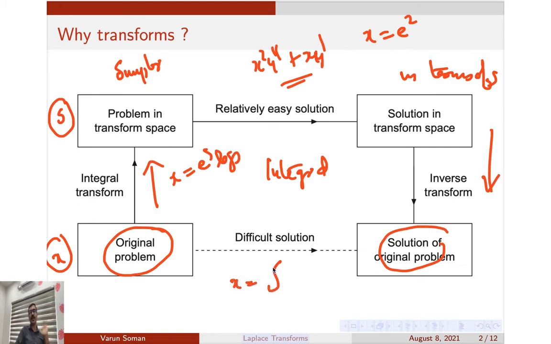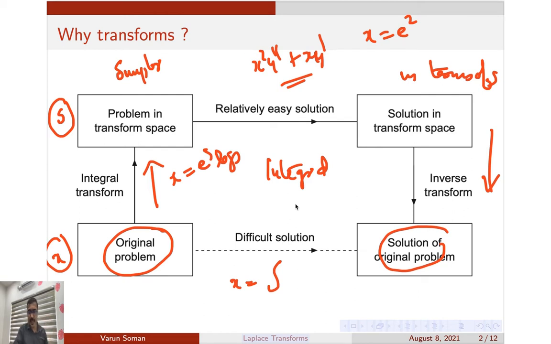I'll use that function to convert the problem into a simpler one and solve it there. Once I solve it, I'll give back the original value to get the original solution. That is the method of these transforms.